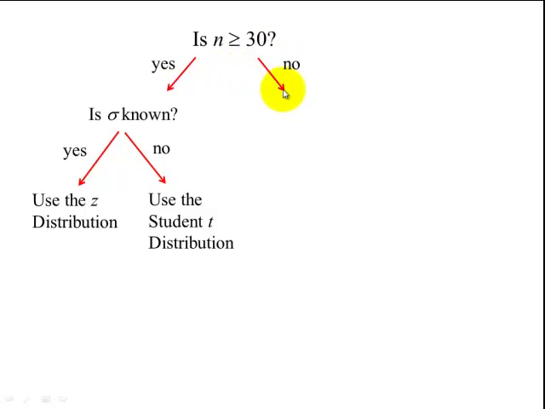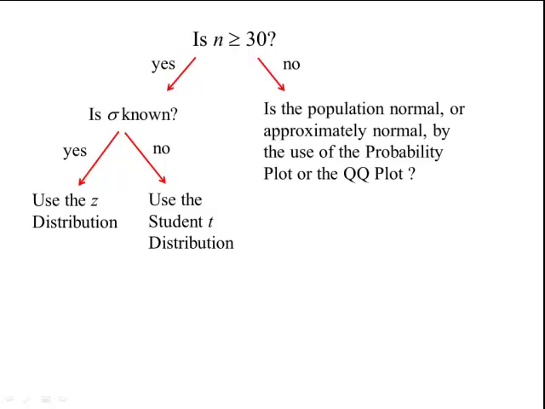If the sample size is less than 30, we have to check to see if the population is normal by using the probability plot or QQ plot. If the graph is approximately linear and all the points are within the bands, we have to ask, is sigma known?